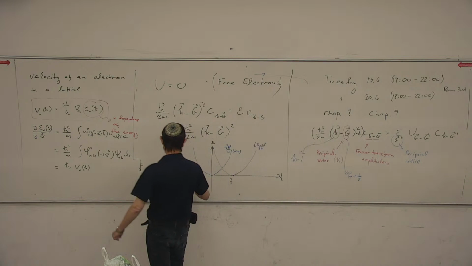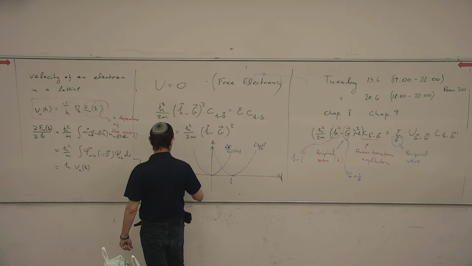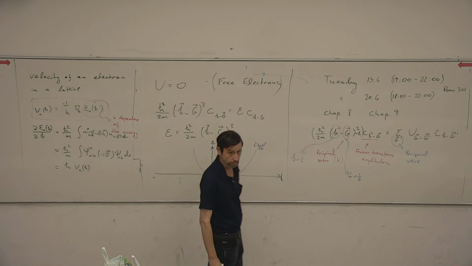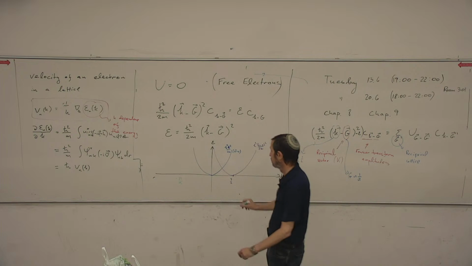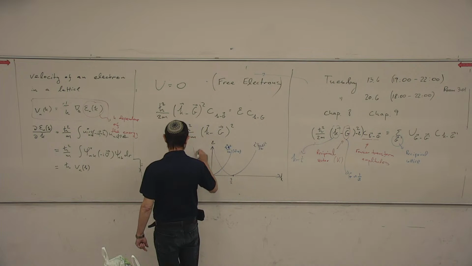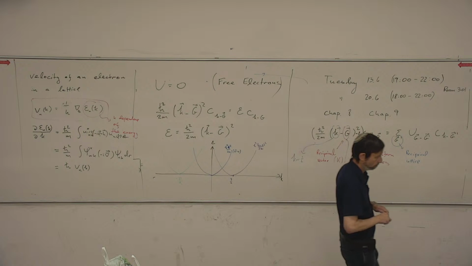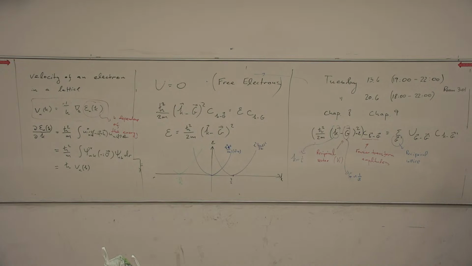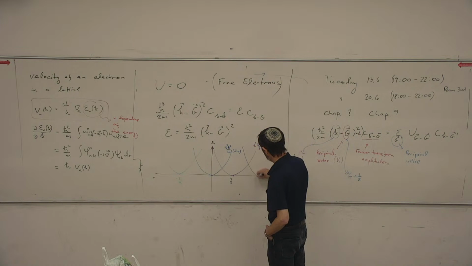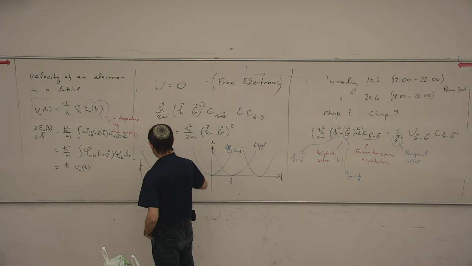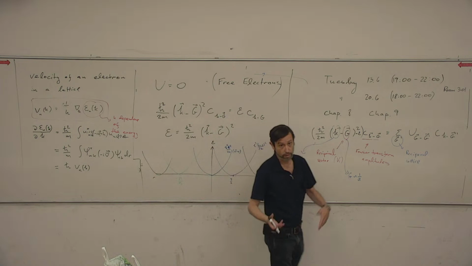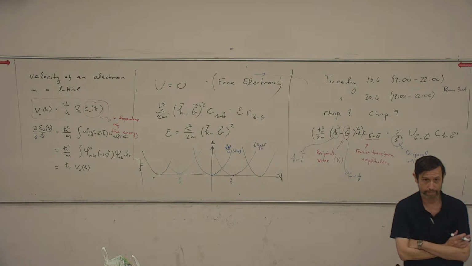Here, minus pi j. And I think I'm out of colors, but you can imagine that I'll have more and more and more solutions, an infinite number of parabolas.